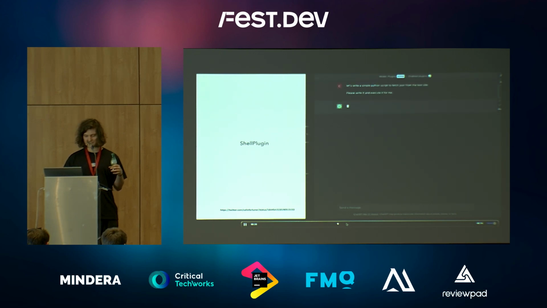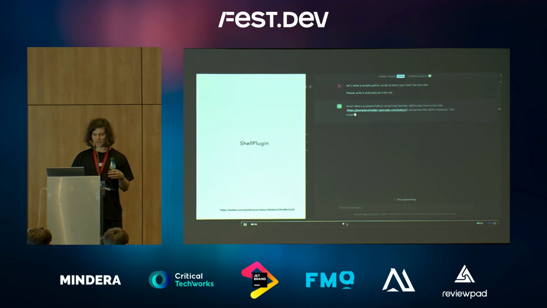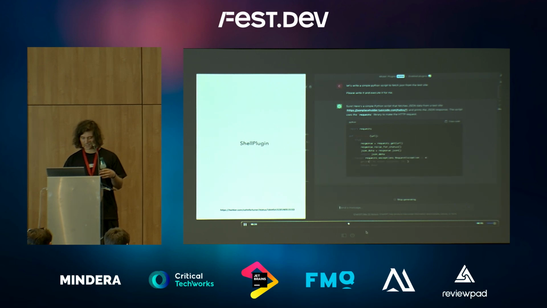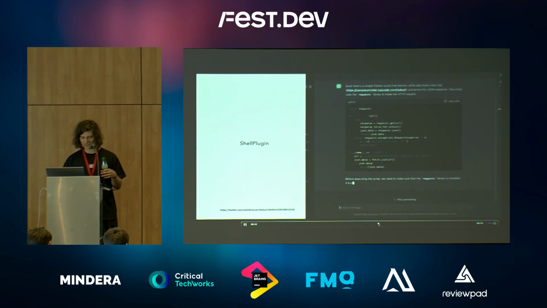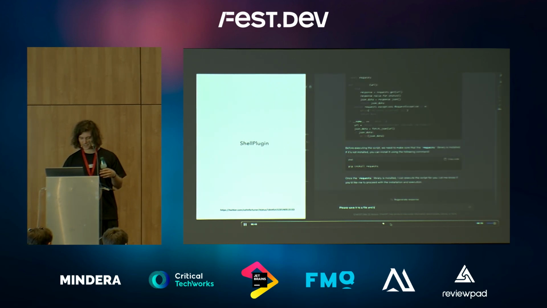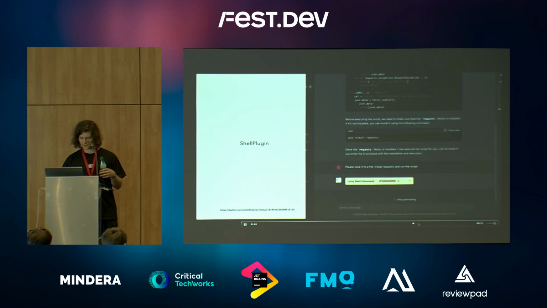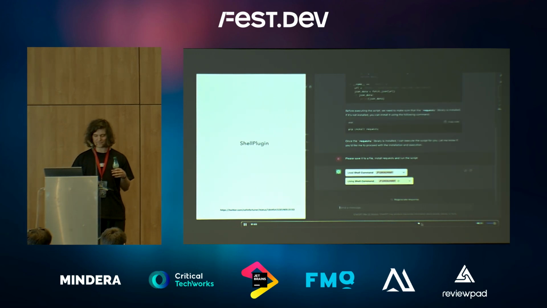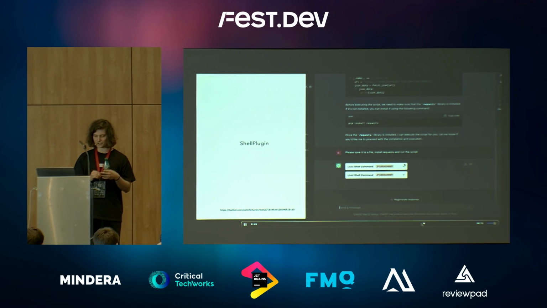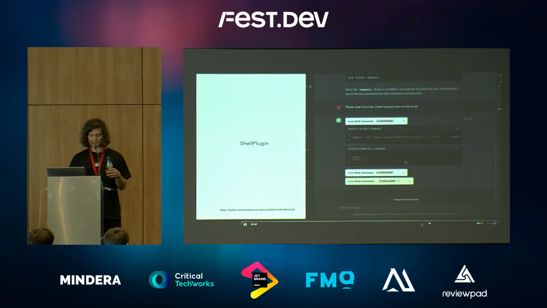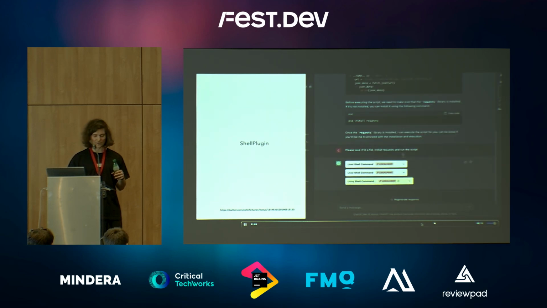So after it provides a code snippet for me, it will try to execute it on my localhost. Basically, it says how to do it, and you can see that I can save a file using the shell plugin and then have it in my local environment.